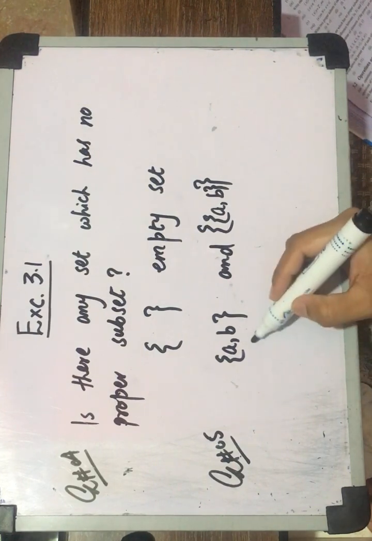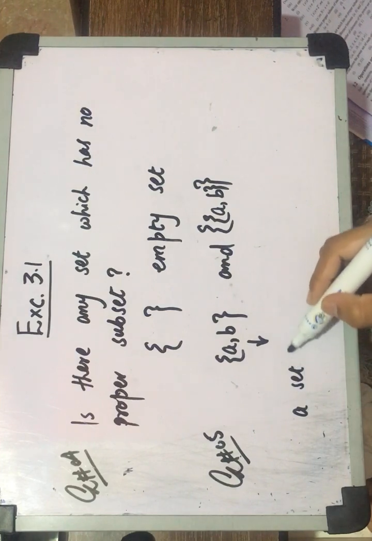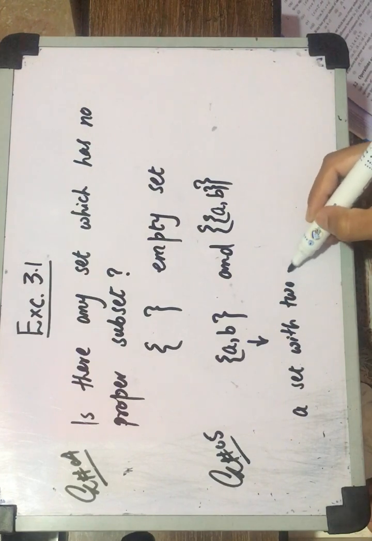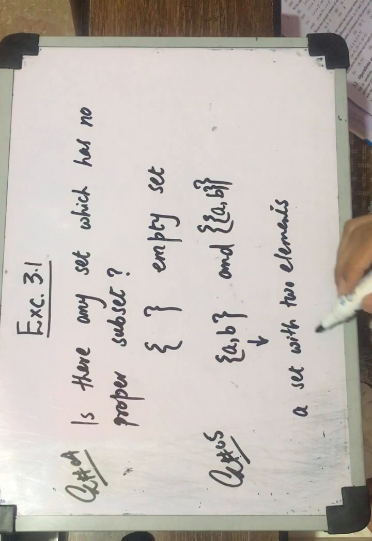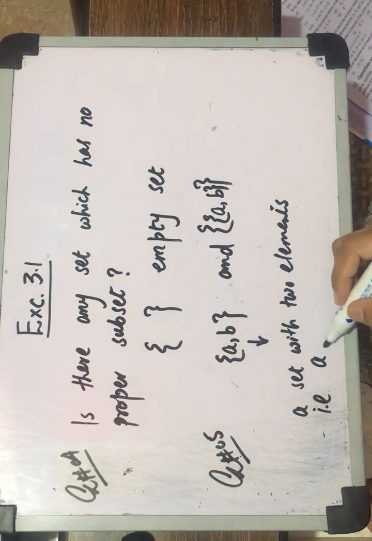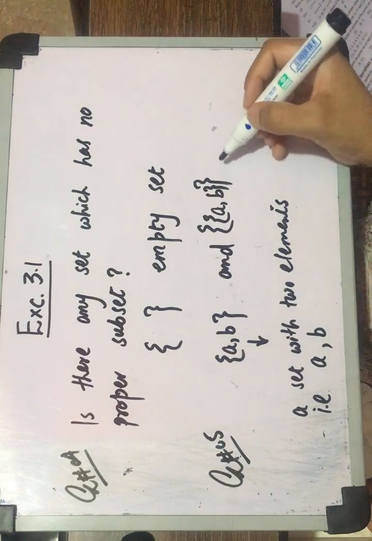A set with 2 elements, that is A comma B, A and B. And what is that?